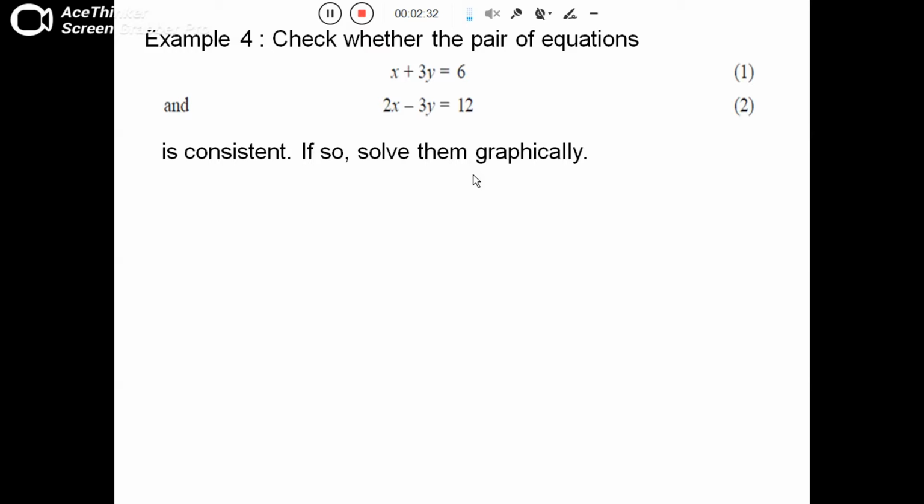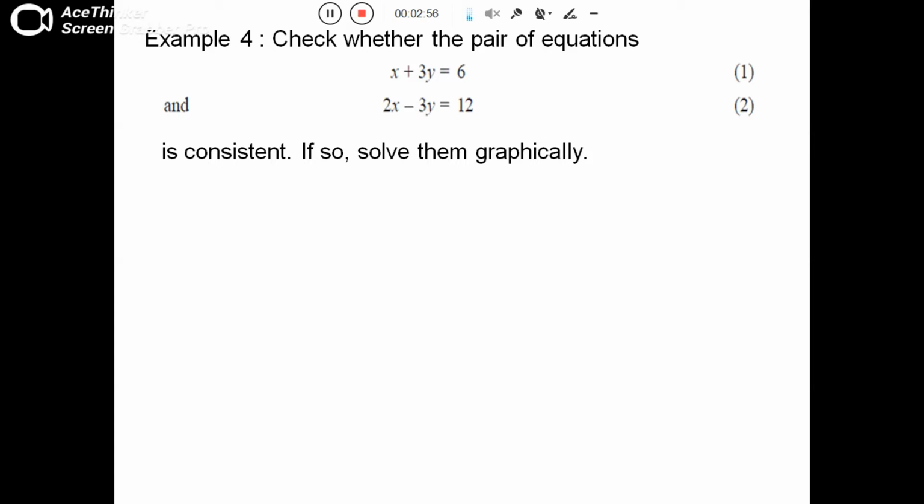It means if they are consistent, meaning producing solutions, either a unique solution or infinitely many solutions, then the equations are said to be consistent. So let us check, based on the coefficients of these equations.